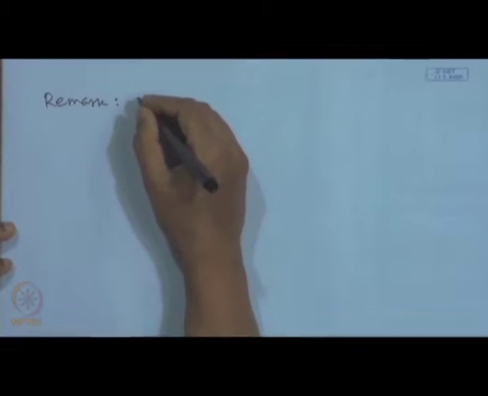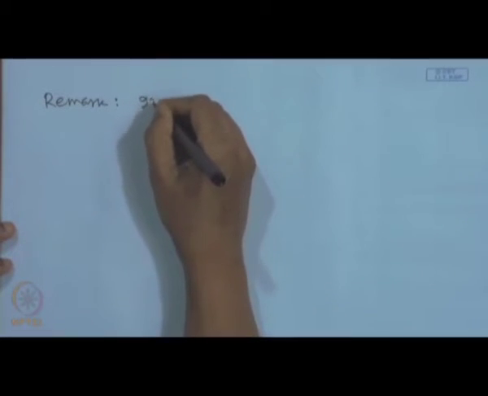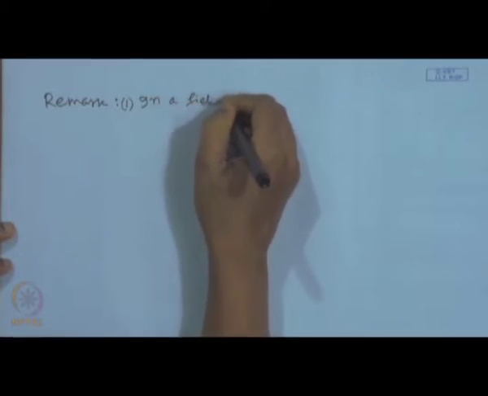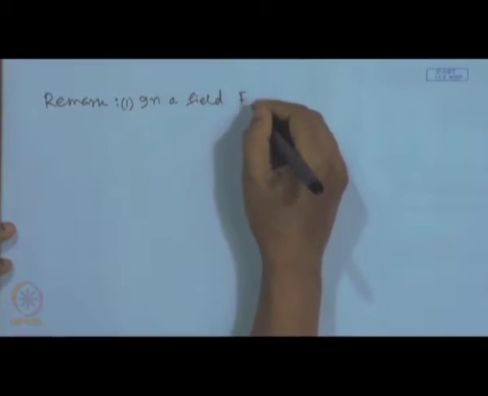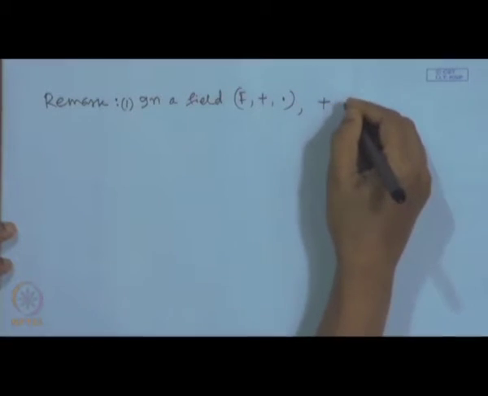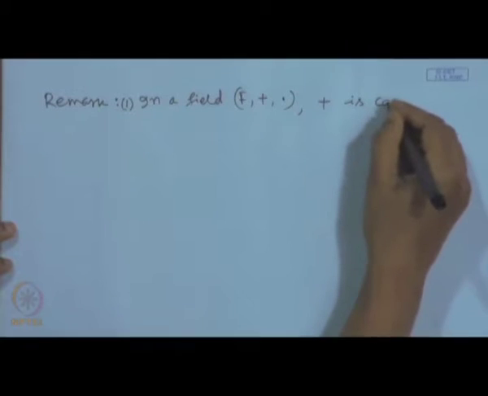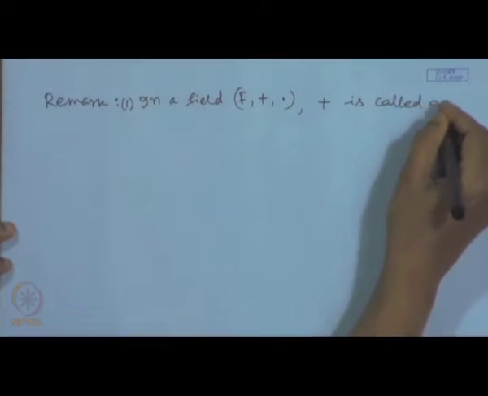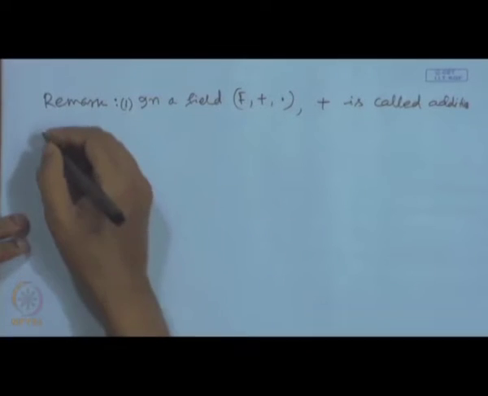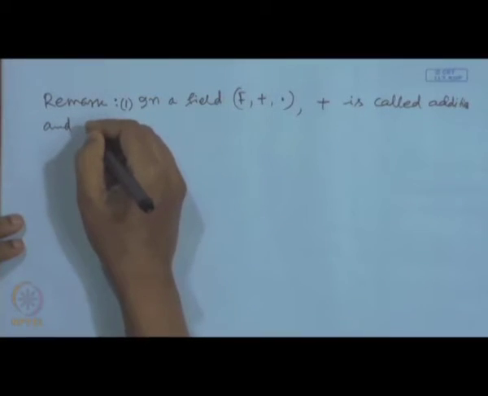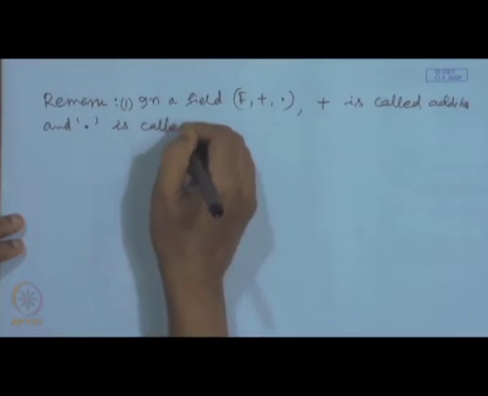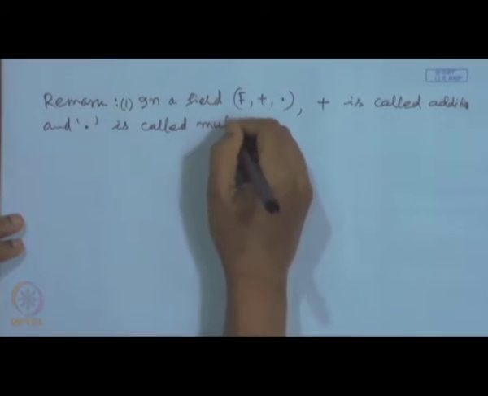In a field (F, plus, dot), this plus is called addition and dot is called multiplication.